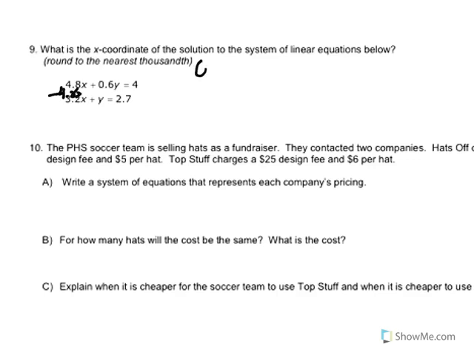So you get 0.6y. So 6/10 y equals negative 4 8/10 x plus 4. Now we're going to divide everything by 6/10.